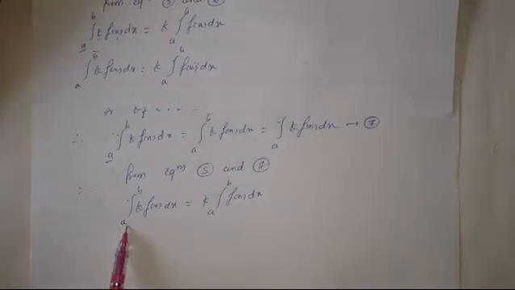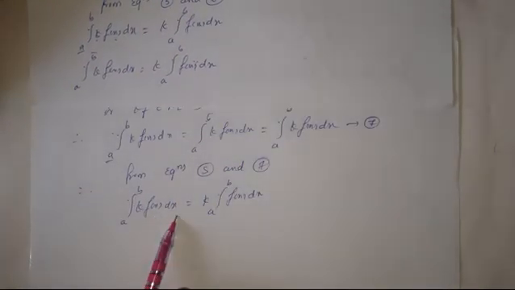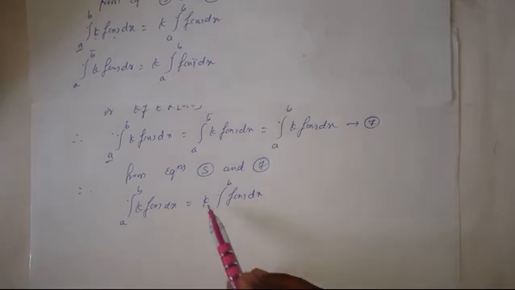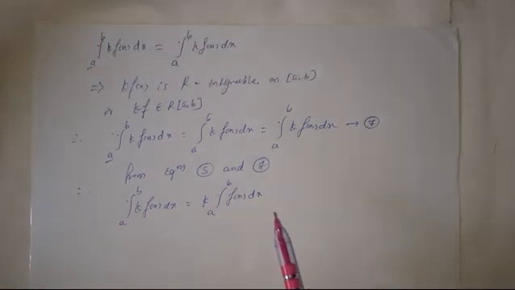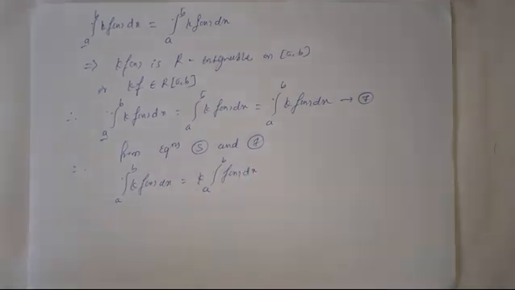So therefore, the integration of a to b of k into f of x dx is equal to k into the integration over a to b of f of x dx, which is the required proof.